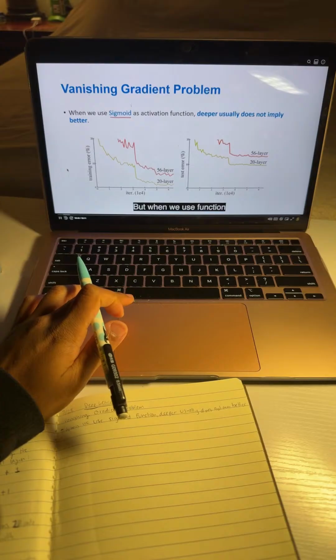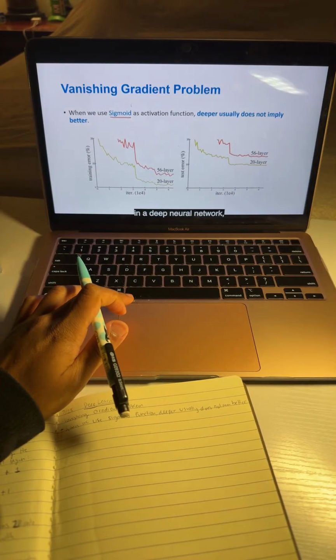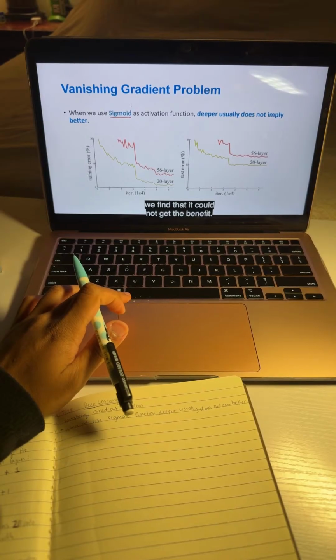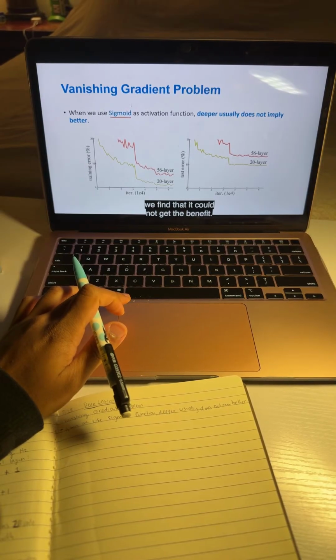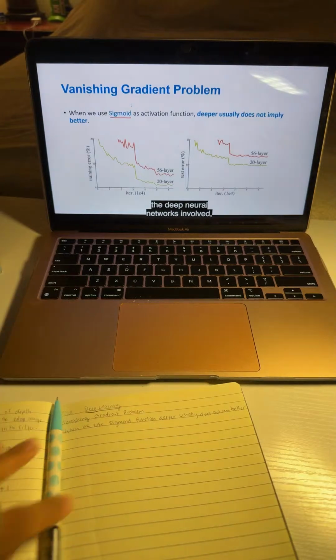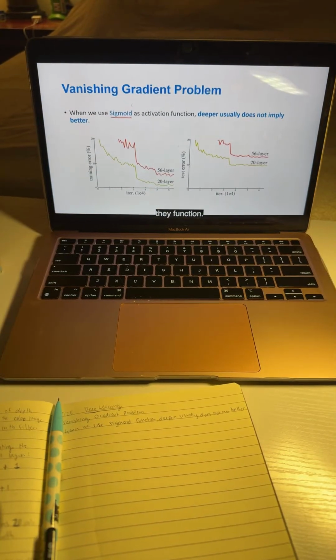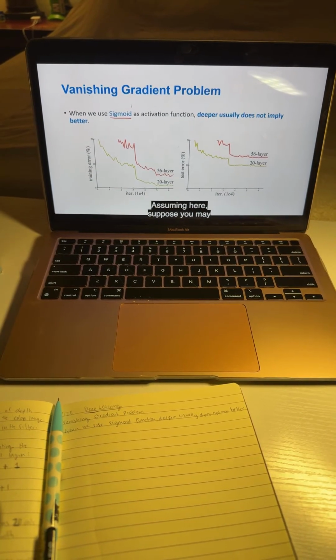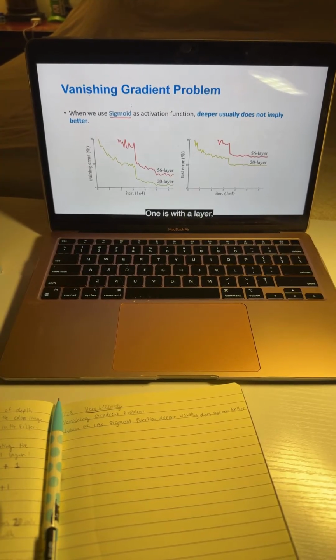But when we use sigmoid function in a deep neural network, we find that it could not get the benefit. As shown here, suppose you have two deep neural networks. One is with a 20 layer, another one is deeper with a 56 layer.